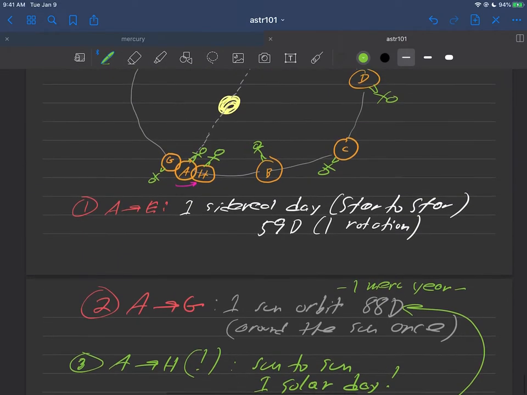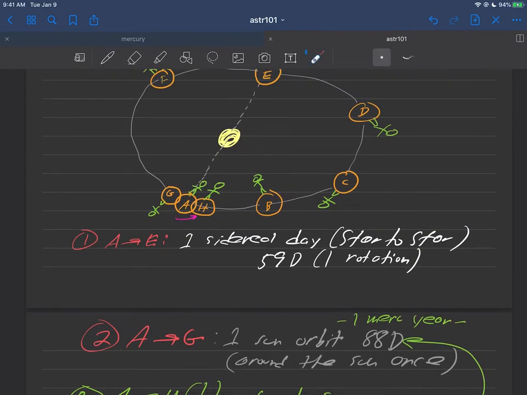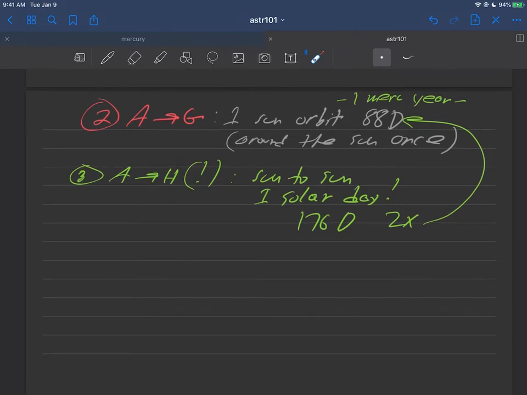Just to recap on that one more time. It takes 88 days to go from A all the way around to G, which we discussed. There's your 88 days, but I have to wait another 88 days to go all the way around the sun again until my little green person is oriented up the way we wanted at H here to see the sun. That's 176 days.